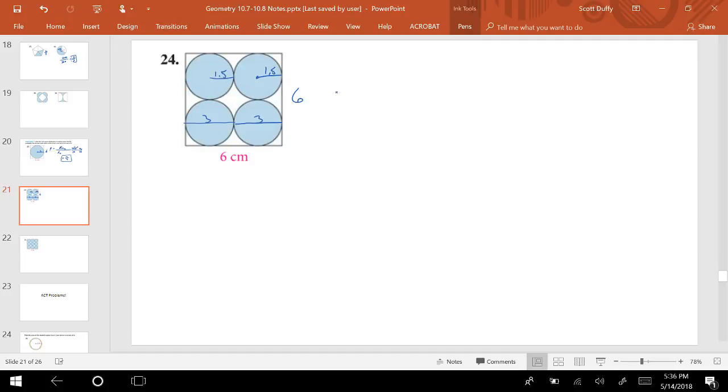Now, the probability of landing in the blue is equal to the area of one of those circles, times 4, because there's 4 circles, divided by the area of the square.